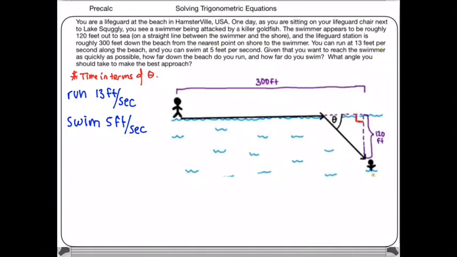Okay, so to do this, we want to label some parts here, and I'm going to put all the new stuff in green. I want to name this distance right here X. That means this distance right here, when he or she is running towards the person having a hard time with the killer goldfish, is going to be 300 minus X, because the total distance is 300.